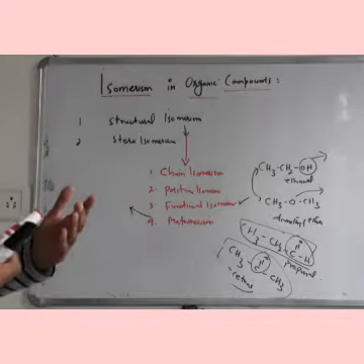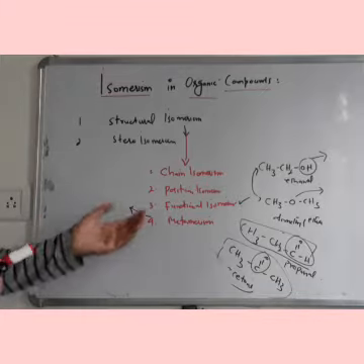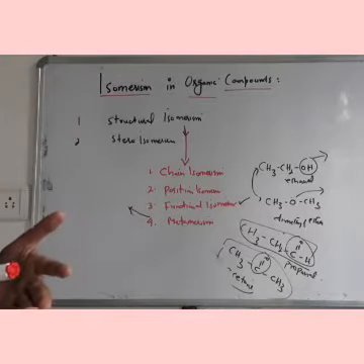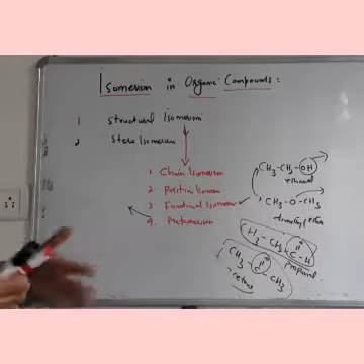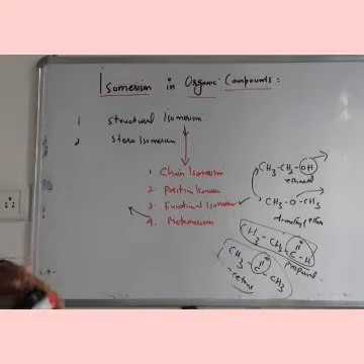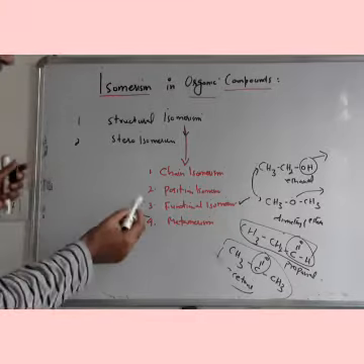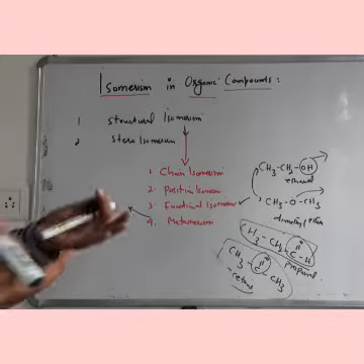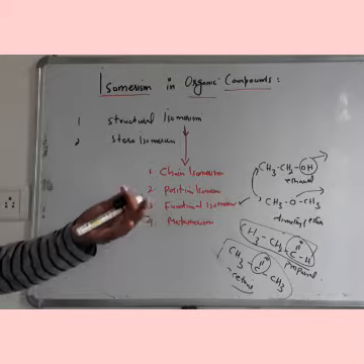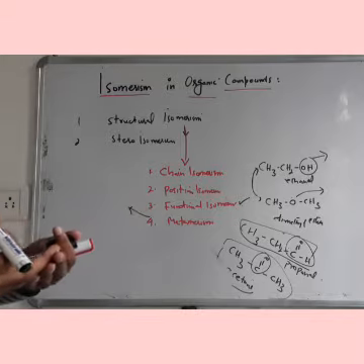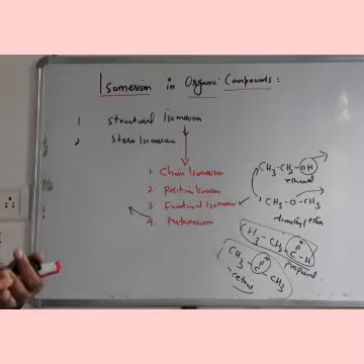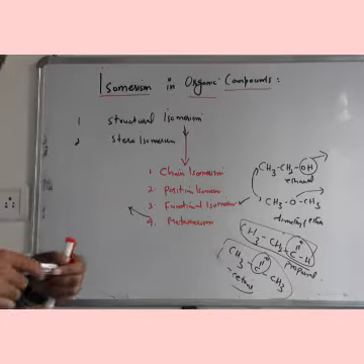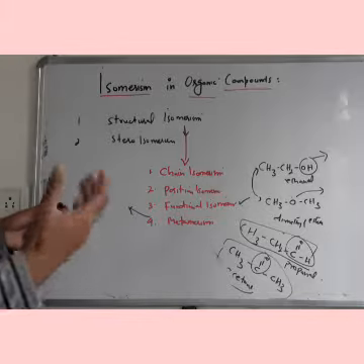We have two or more organic compounds having the same molecular formula but differing in the number of carbon atoms on either side of the functional group, or we can say which differ in the number of alkyl groups on either side of the carbon chain.